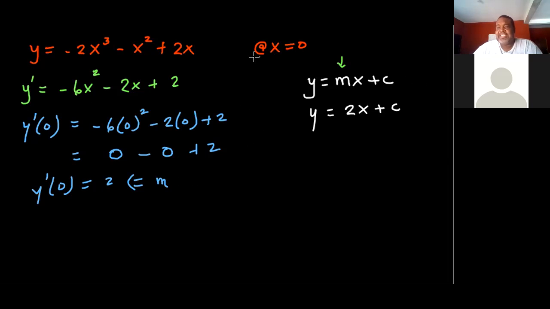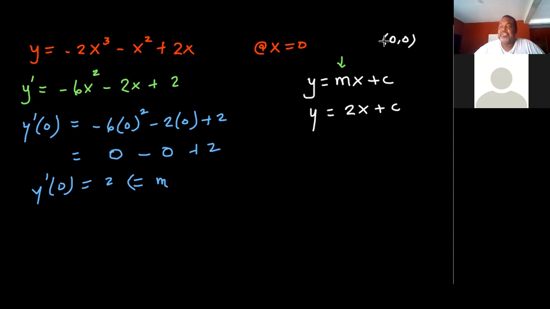But in order to find c, what would be awesome is if I had a value of y to put in and a value of x to put in. And then my only unknown would be c, right? Truth is, if I could just find out what y is when x is equal to 0. Remember, if they had told us origin, I would have known what y was, right?